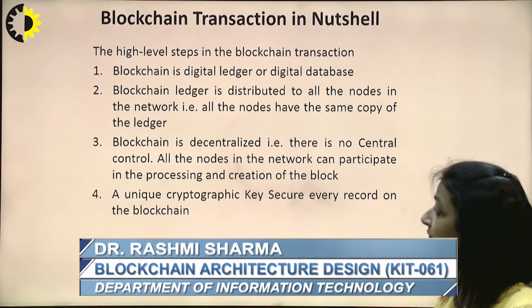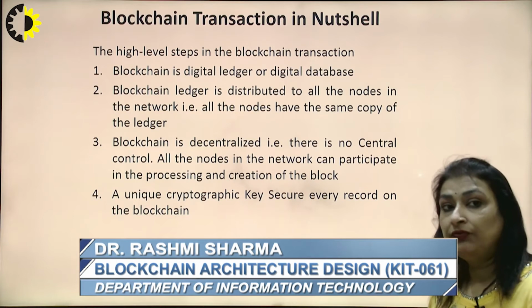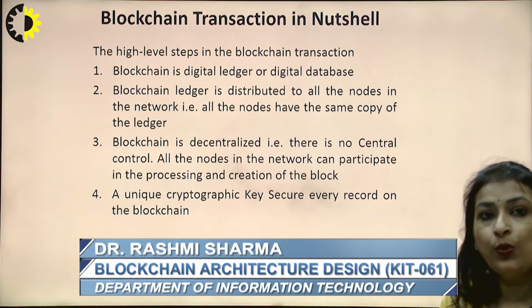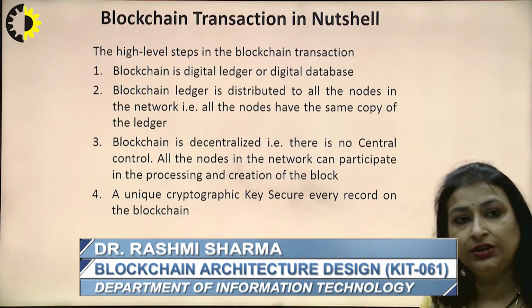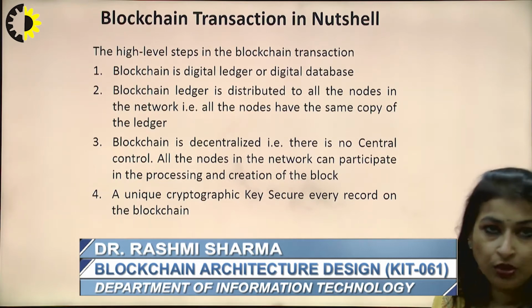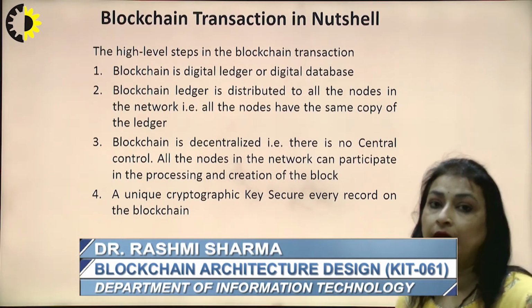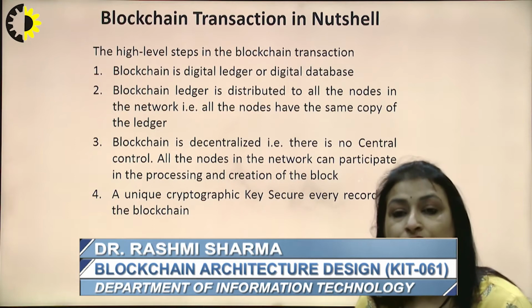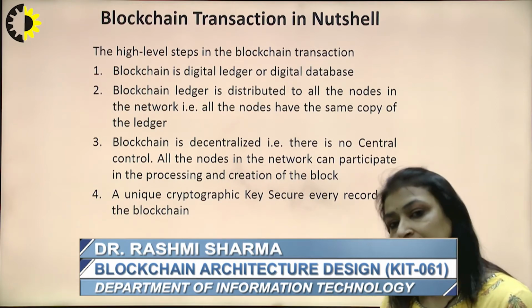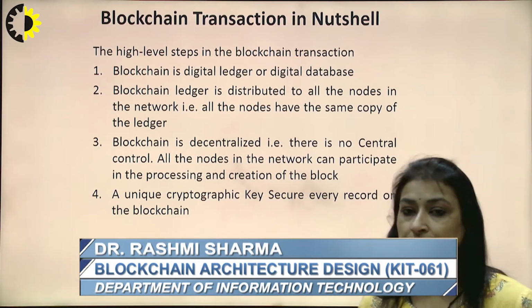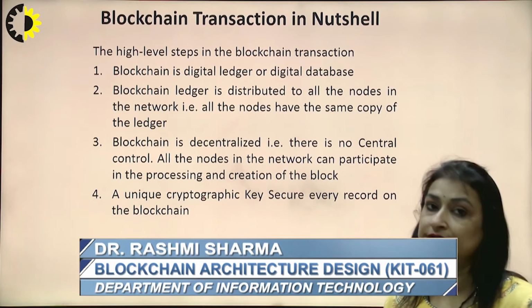So these are some of the steps, in a nutshell, that take place while doing a transaction in the blockchain. First, the blockchain is a digital ledger or a digital database. Each and every transaction we do should be in digital format. We cannot have anything in physical format.